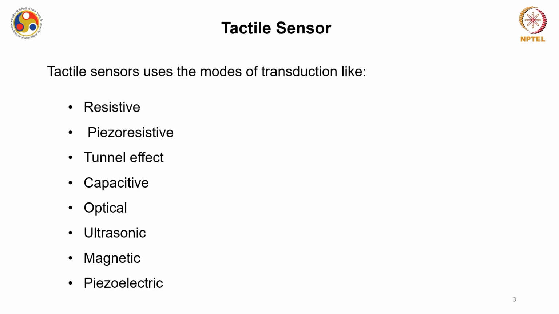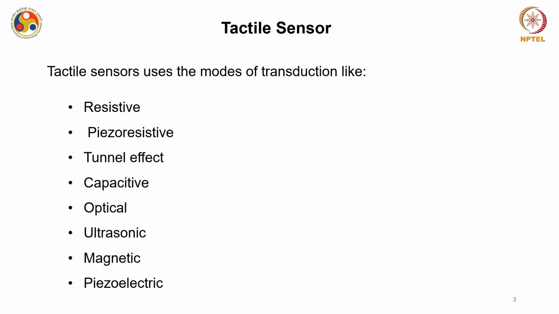A spatial sensor is nothing but a coordinated touch sensor in space. Similarly, we have seen the definition of a slip sensor. Then we have also seen that tactile sensors use different modes of transduction like resistive or piezoresistive, tunneling, capacitive, optical, ultrasonic, magnetic and piezoelectric.